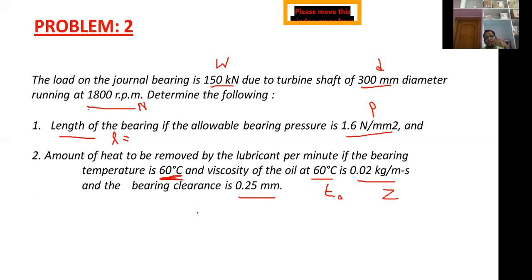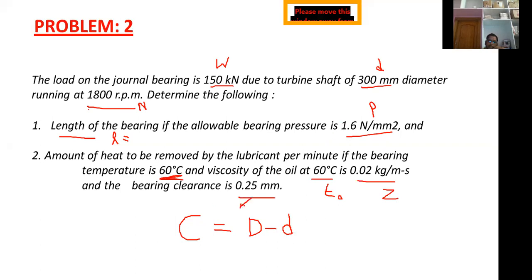Bearing clearance means capital C equal to diameter of a bearing minus diameter of a shaft. So capital C is given, that is the diameter clearance, capital C equal to 0.25.